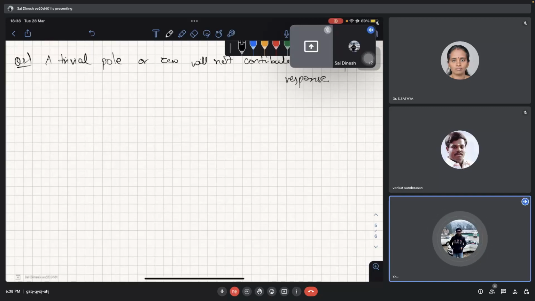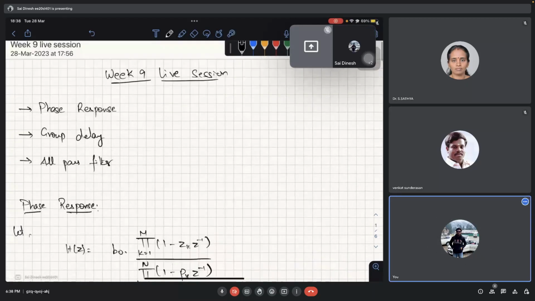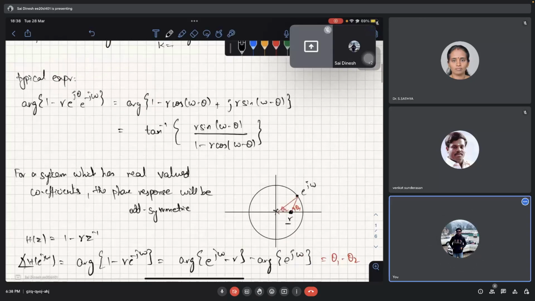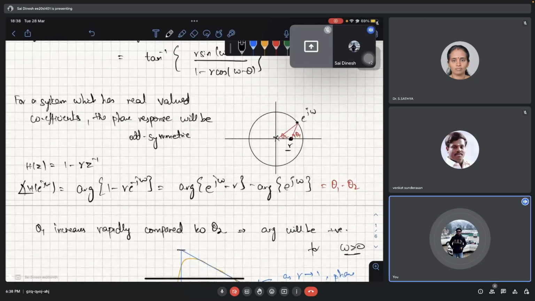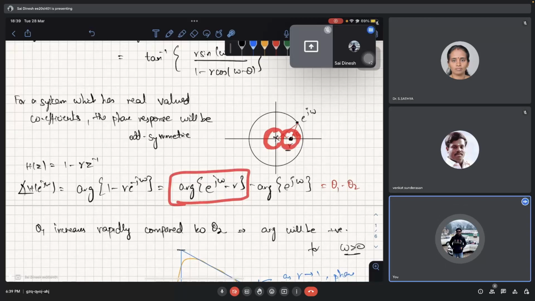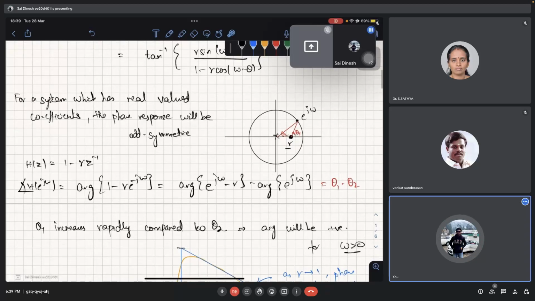We have seen this example here: there is a trivial pole and then a single zero on the real axis. Because of this we have this part, and because of this pole we have this part, right?